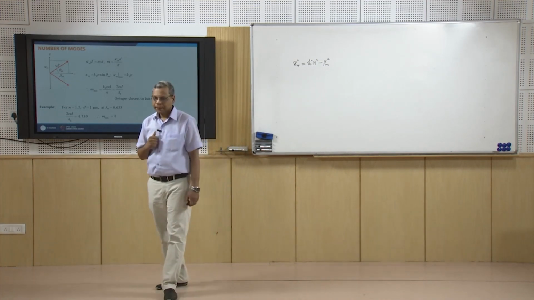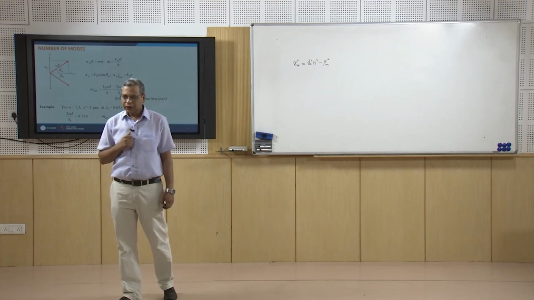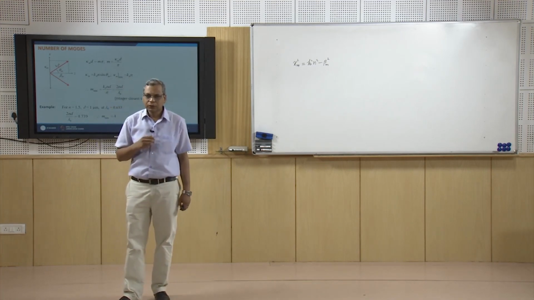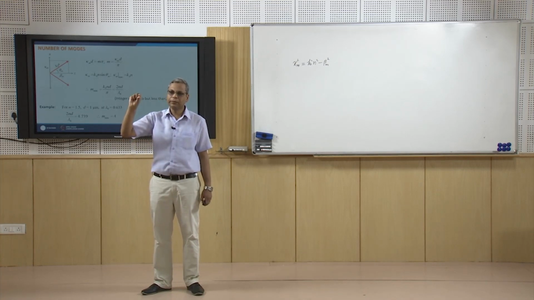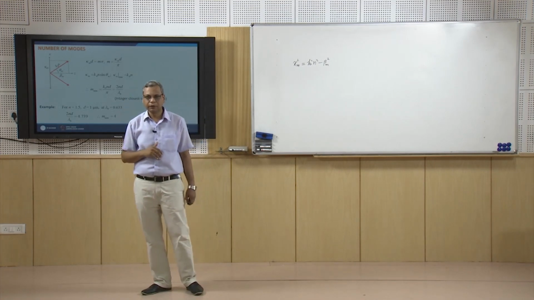For one, it is not feasible to make this waveguide, where you have a 1 micrometer film of certain material and you deposit metal on top and bottom of that and use it.